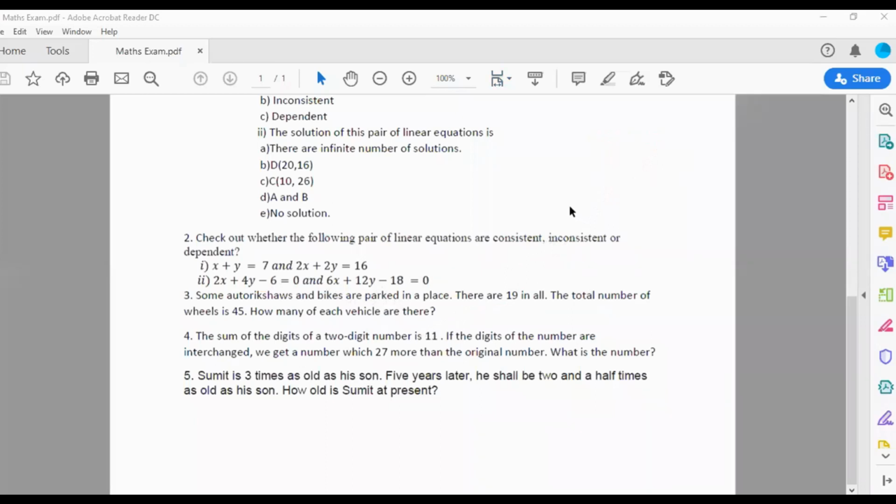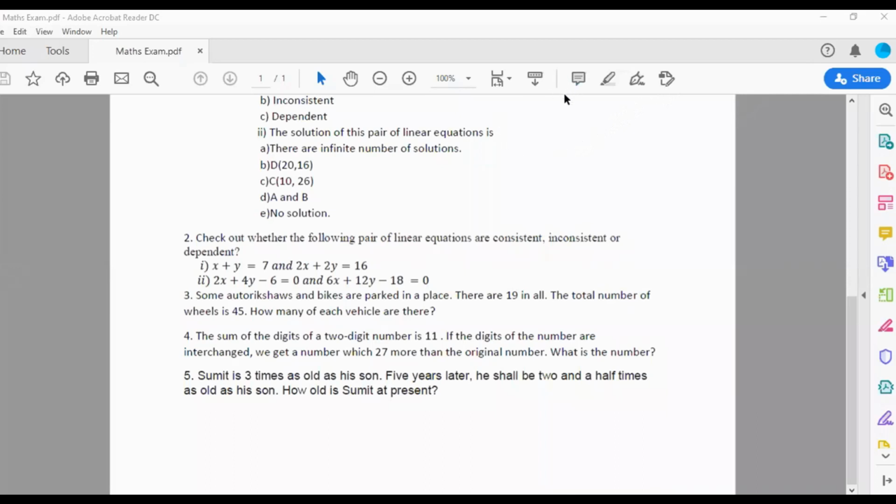So the fourth question: the sum of the digits of a 2-digit number is 11. If the digits of the number are interchanged, we get a number which is 27 more than the original number. What is the number? Let the digits of the original number be x and y. A similar question is solved in the textbook, right?